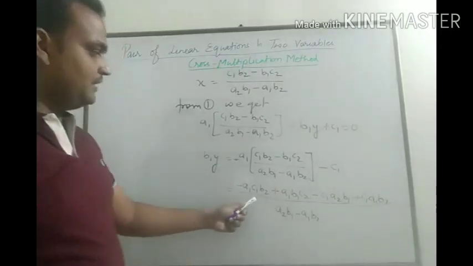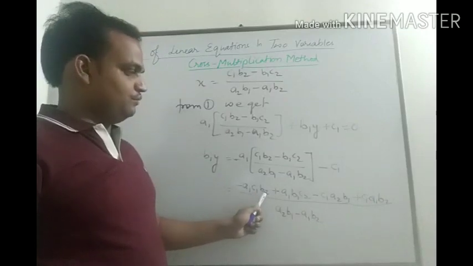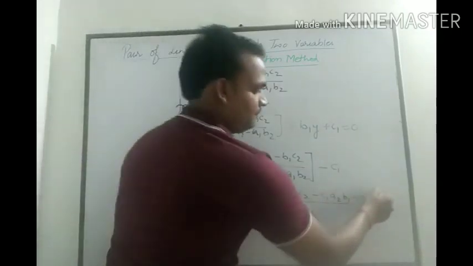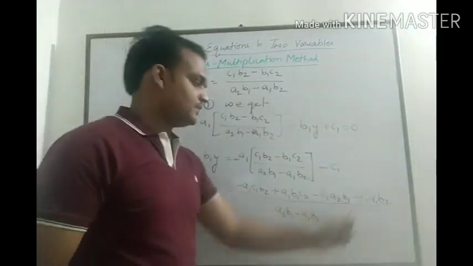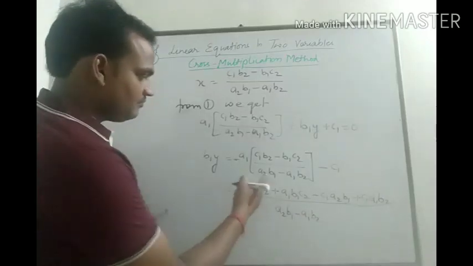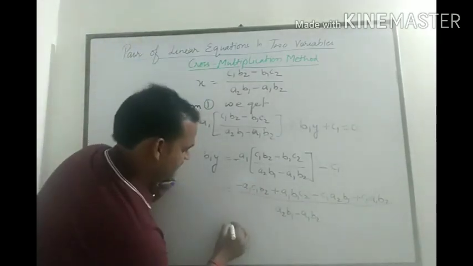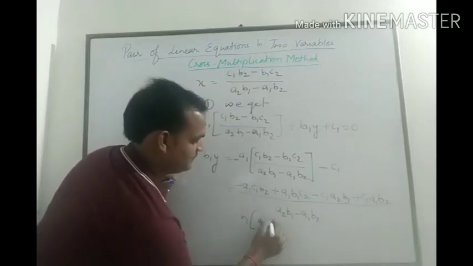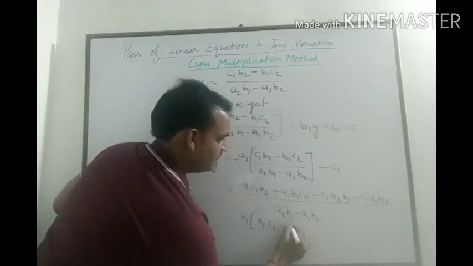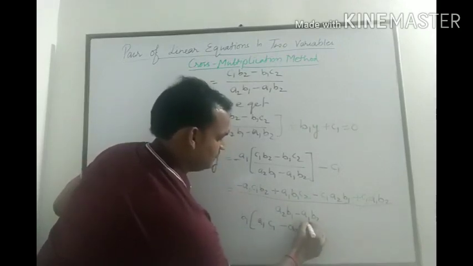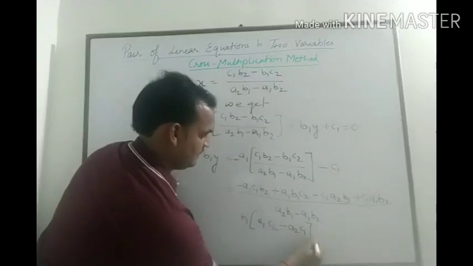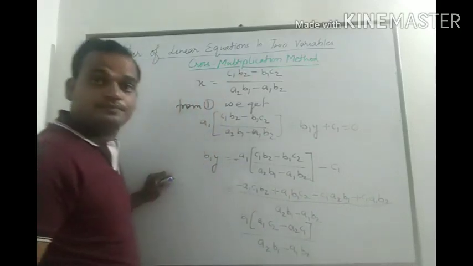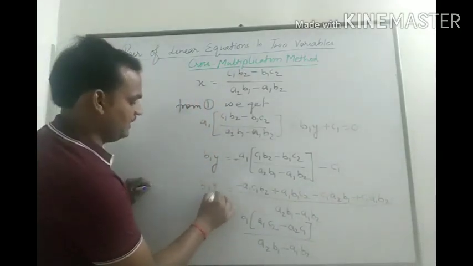Now what will be terminated? Here the a1 b2 c1 terms, one is of minus and one is of plus, so they will be terminated. And from the remaining we can take b1 as common, so a1 c2 minus a2 c1 upon a2 b1 minus a1 b2, and this is b1y.